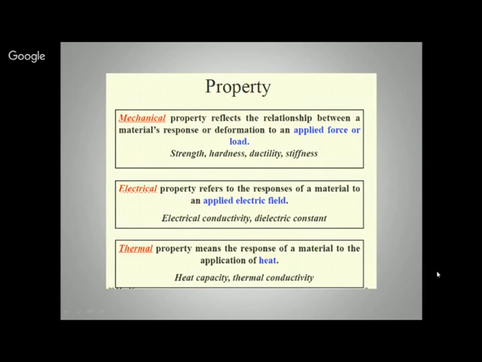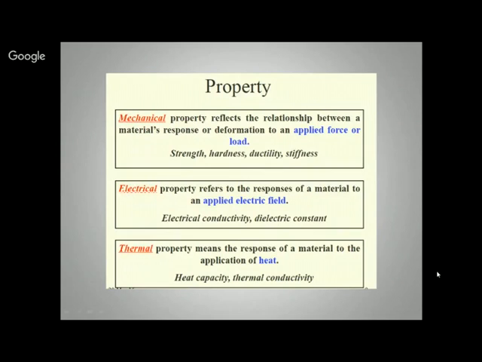So now I am discussing the different properties the materials can show. The first one is the mechanical properties. So what is mechanical property? That reflects the relationship between the material response to an applied force or load. So what are those properties? Strength, hardness, ductility, stiffness.